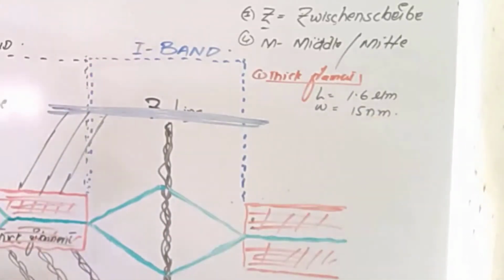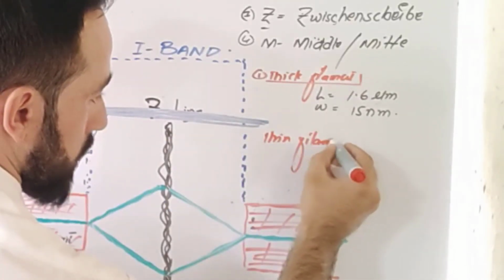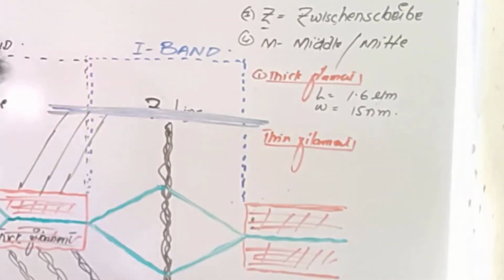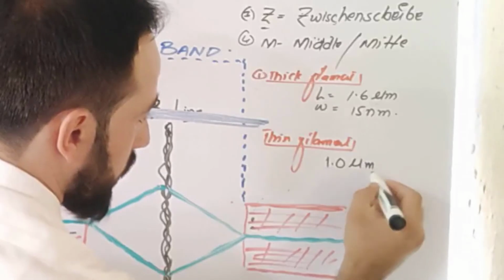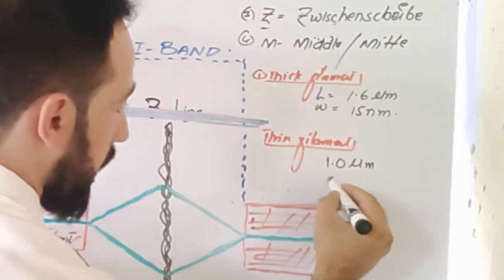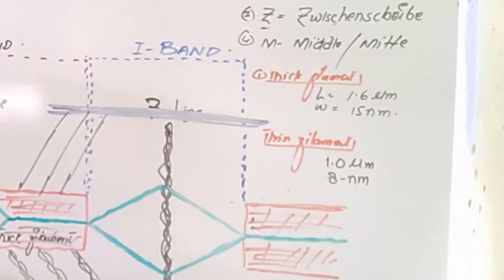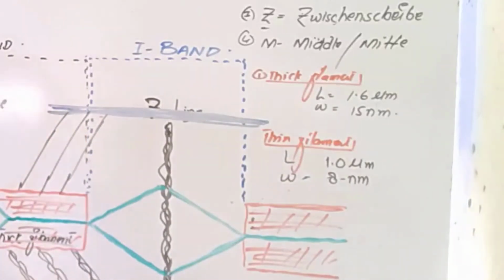And about the thin filament, what is the thickness and what is the length? Its length is about 1.0 micrometer and its width is about 8 nanometer, right? Let me write here the width, and this is the length. And then there is the H zone also present there.